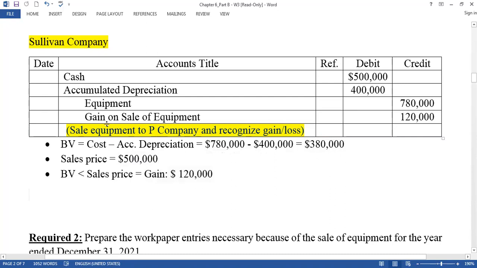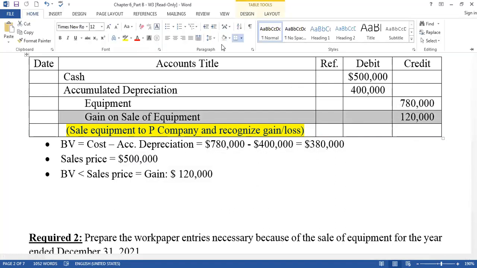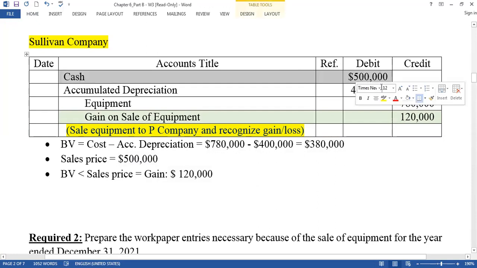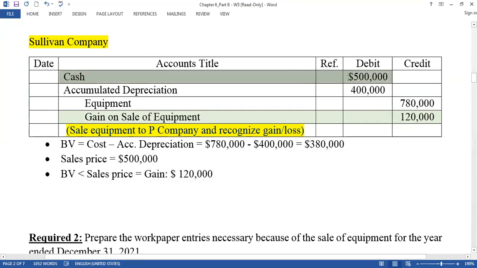So first they record the gain, which is $120,000, and they receive cash of $500,000.